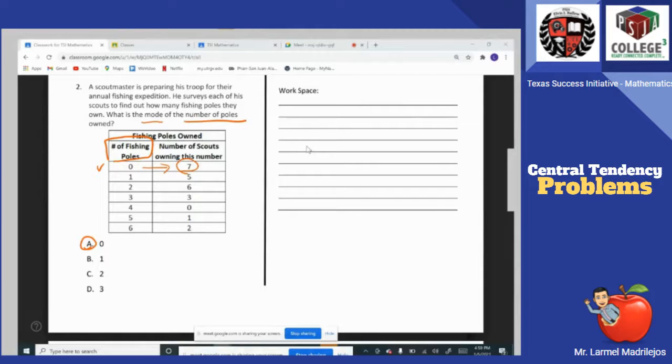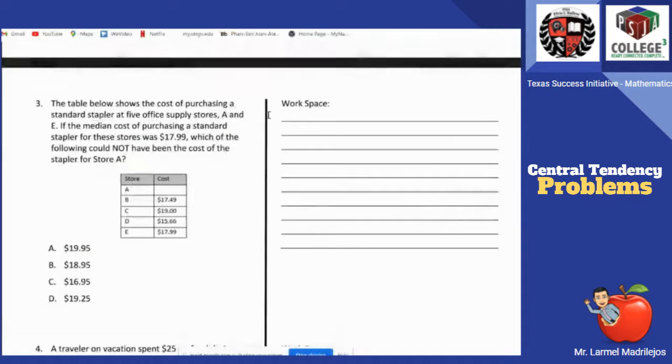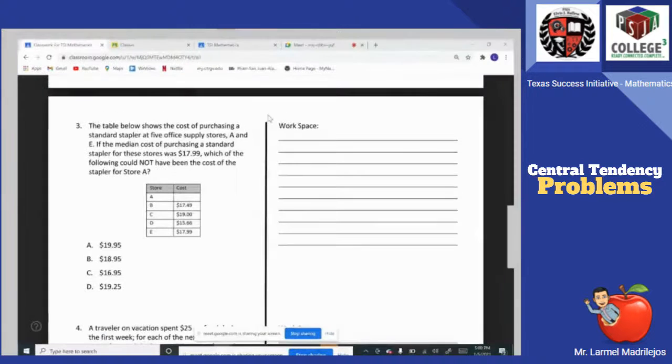Next question, question number 3. The table shows the cost of purchasing a standard stapler at 5 office supply stores, A through E. If the median cost of purchasing a standard stapler was $17.99, which of the following could not have been the cost of the stapler at store A?